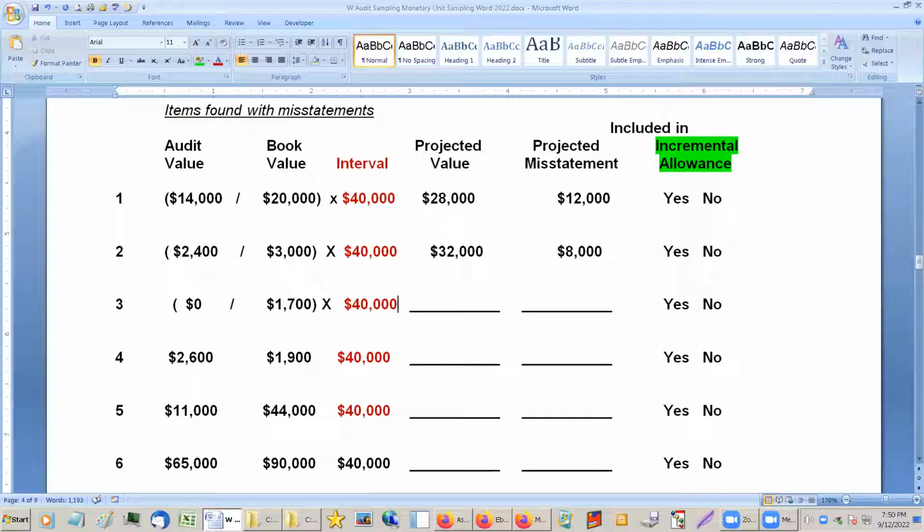So 0 times 40,000 means our projected value is 0. Projected misstatement is 40,000.